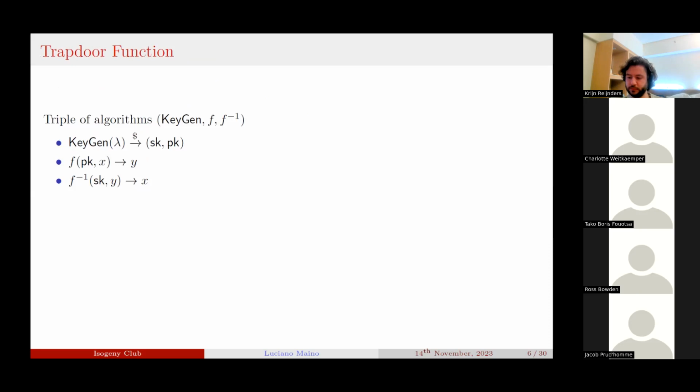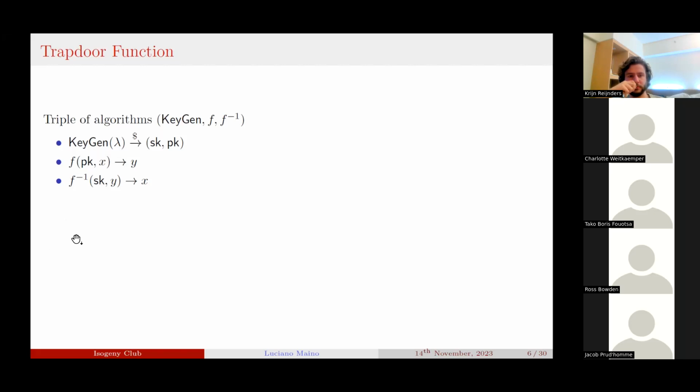On input lambda, keygen outputs a pair of keys, a secret key and a public key. Then we can evaluate f at any input x if we have access to the public key pk, and let's call the output of f, y.